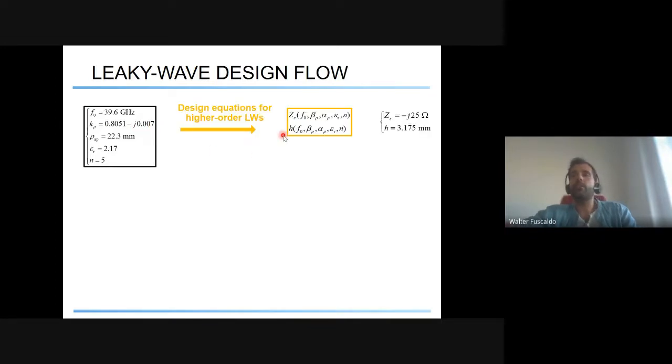We can find the design equations for the cavity height and the sheet impedance of the partially reflecting sheet that is put on top of the cavity to allow for radiation. These design equations are not shown here, but they give two values that are, let's say, the optimum values to have a leaky wave that generates a Bessel beam with the features described in the box shown on the left.